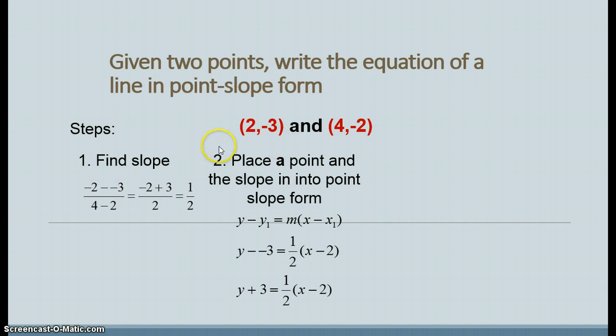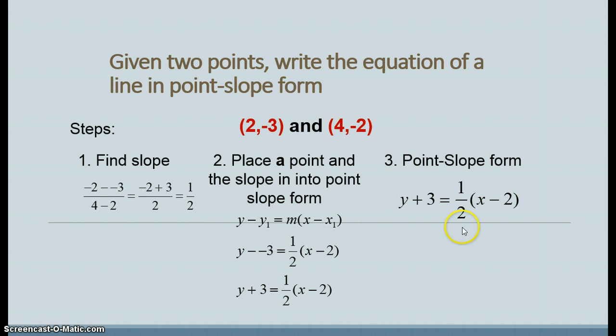Now, remember that we have to clear this y. We need to leave it alone, okay? And to calculate this variable or calculation that we have here. So y plus 3 equals 1/2 times x minus 2.